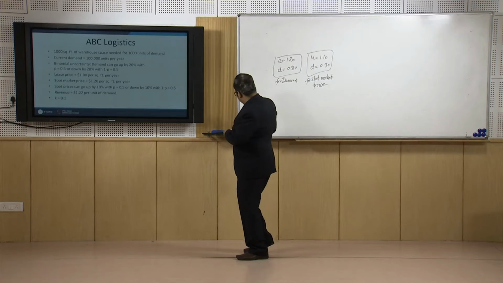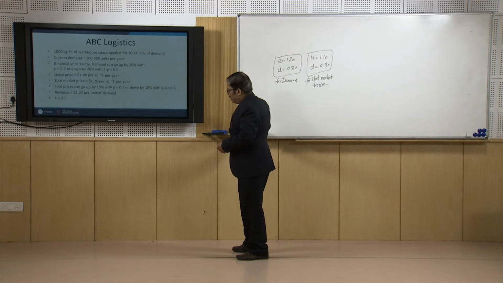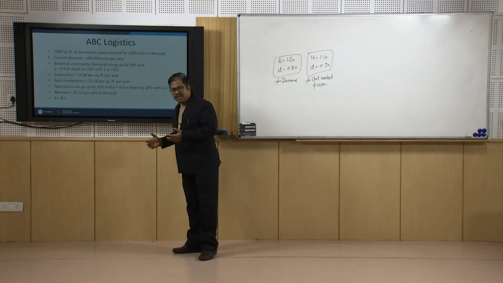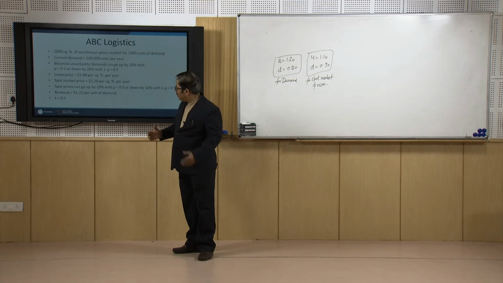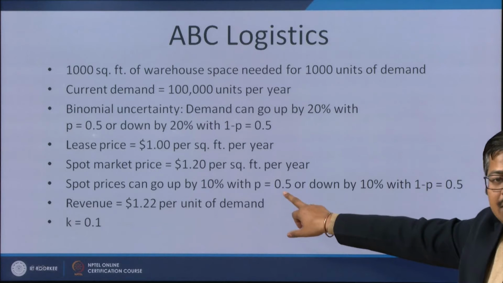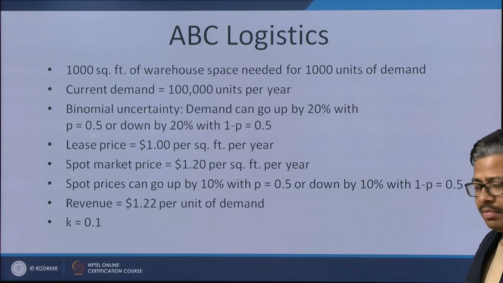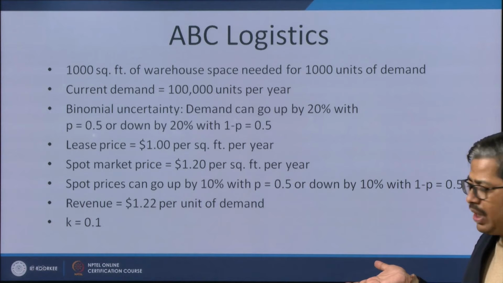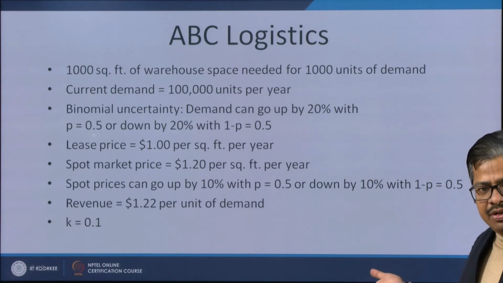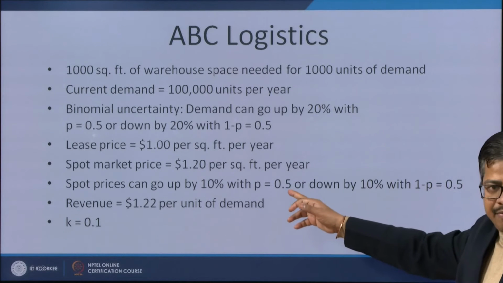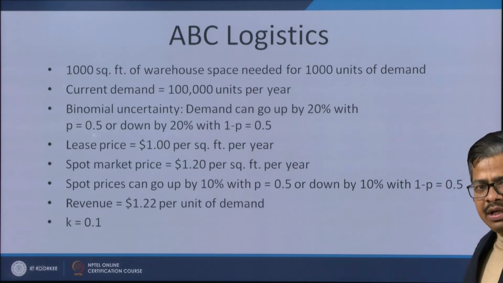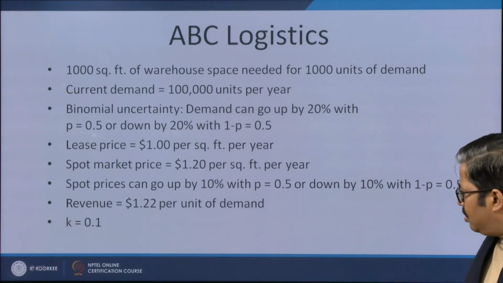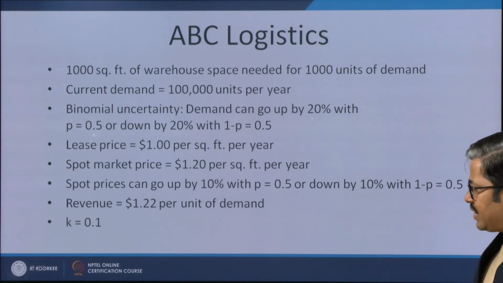So you have two sets of U and D, and it's a matter of chance that for both the probabilities are 50% again. Spot market prices can go up by 1.10 with a probability of 50%, and can decrease by a factor of 0.90 with a probability of 50%.